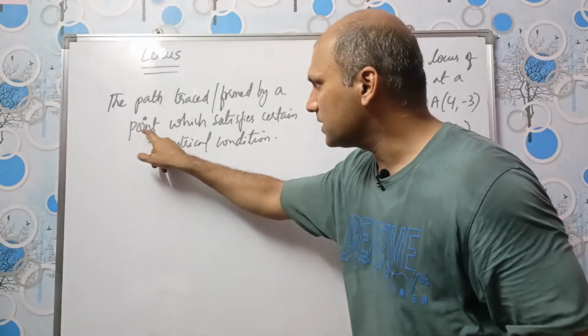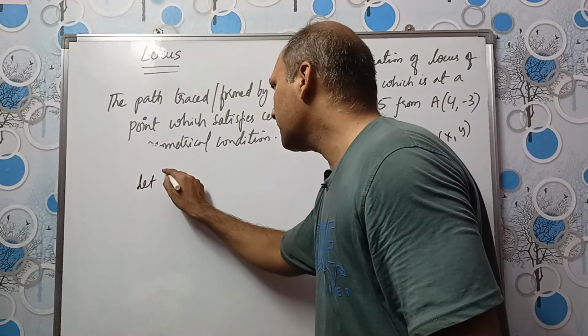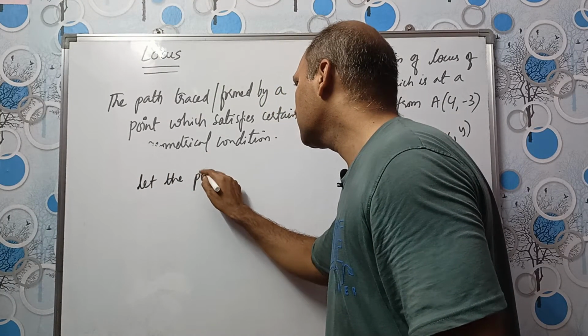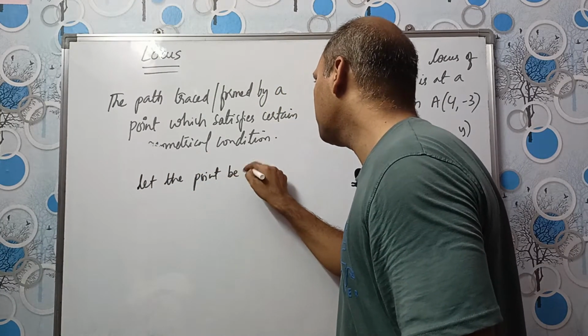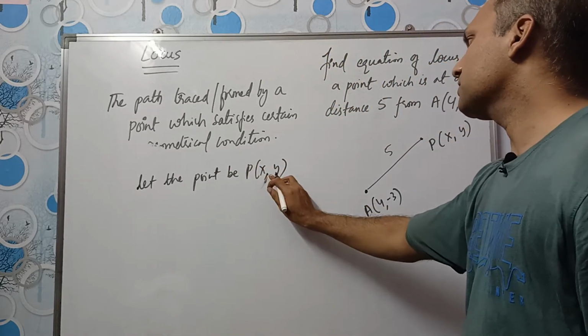So we should take this point as x comma y. Let the point be P x comma y.